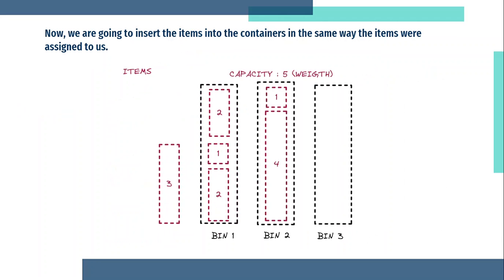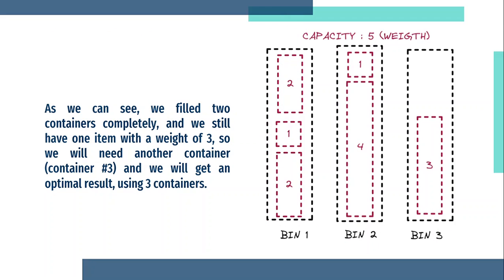Now we store the items in the containers, and as we can see we have already completed 2 containers, but we still have 1 item left. So we will need to open another container and put the item inside. And here we see the result. We use 3 containers to store all the items.